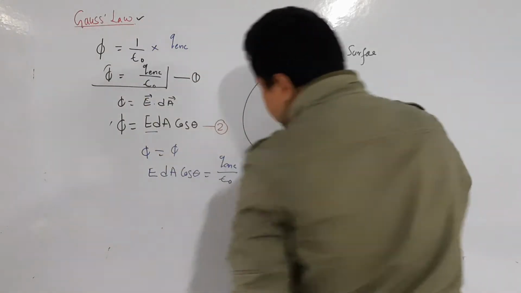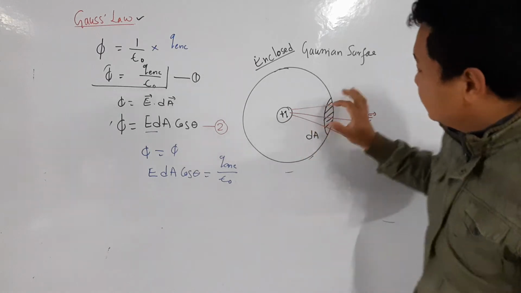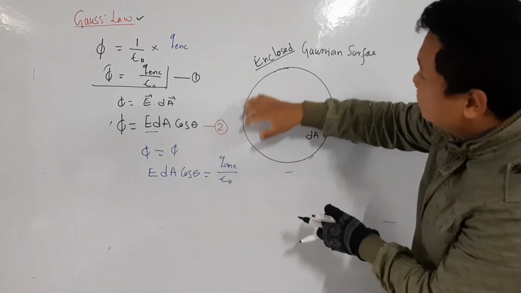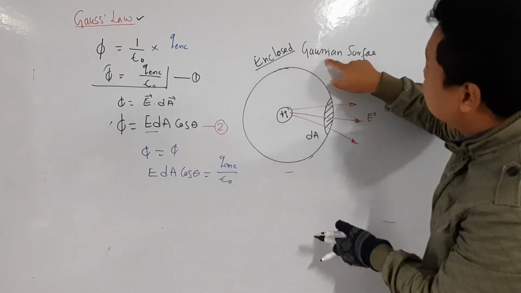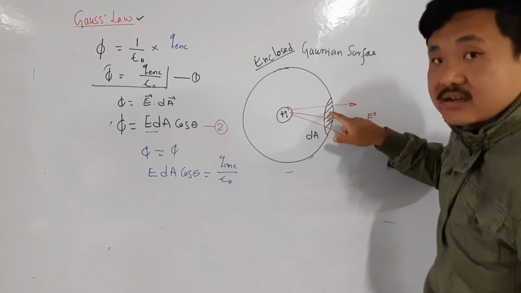Now see, this charge is the enclosed one and this dA is the small area. If I want to have all the area of this enclosing surface, which is called my Gaussian surface, I have to integrate dA.